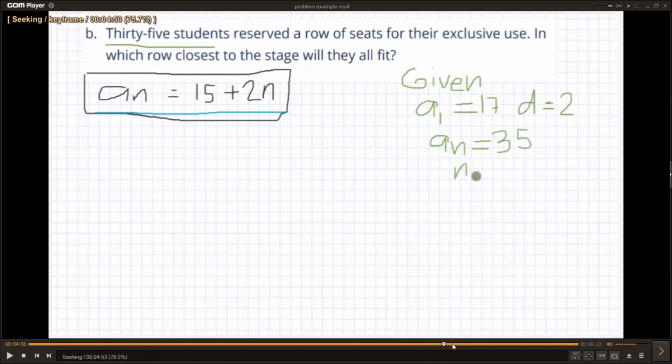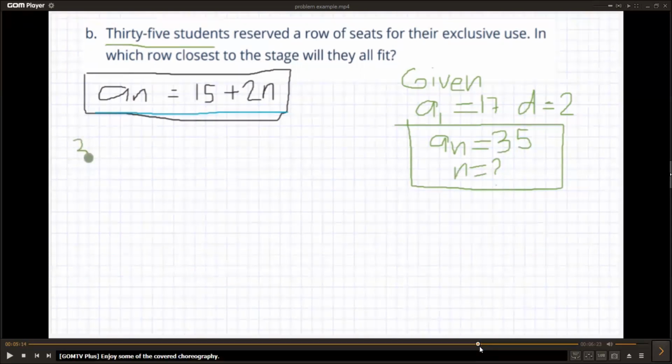So what position is 35 seats? To get that, let's use this given.